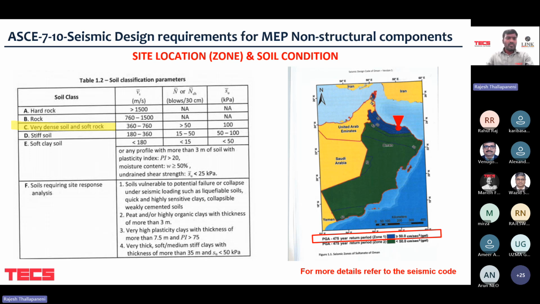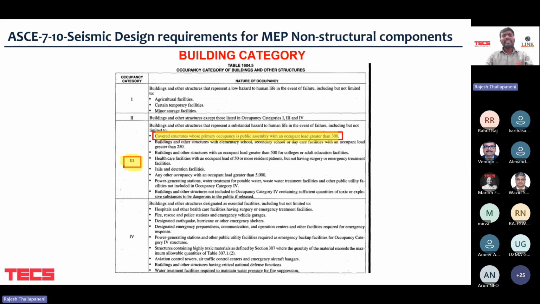Moving forward, building category is the next aspect. This building category can be given by the consultant or the specifier in the project specification document, which defines whether the building falls under category 1, 2, 3, and 4.